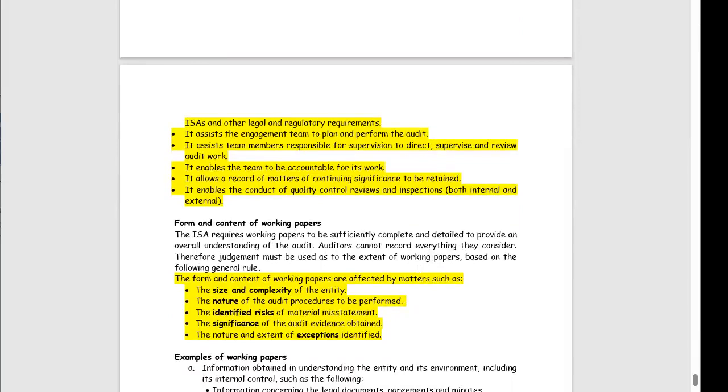Then the last one, it enables the conduct of quality control reviews and inspections, both internal and external. Yes, if you recall, quality control is ISA 220. One of the procedure areas was documentation, where auditors are required to maintain sufficient and adequate documentation to facilitate the review of the auditor's work.